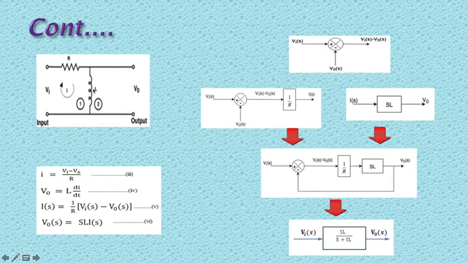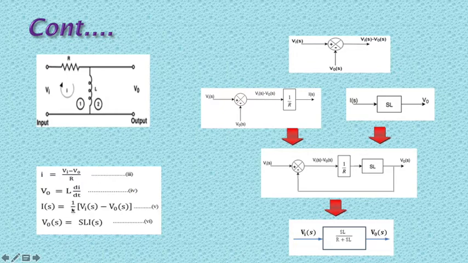L di/dt. Then taking Laplace transform, I(s) is equal to 1 by R into Vi(s) minus V0(s), and V0(s) equal to SL I(s). Then draw the block diagram. Vi(s) minus V0. Taking a summing point, this is plus and this is minus. Then the signal is Vi minus V0.